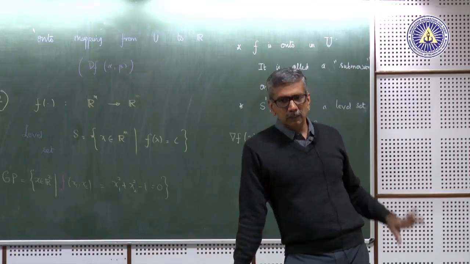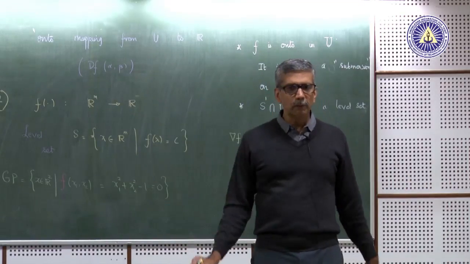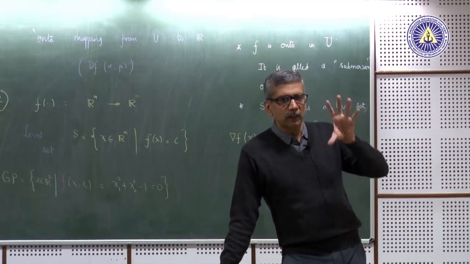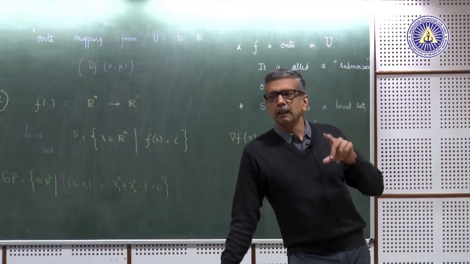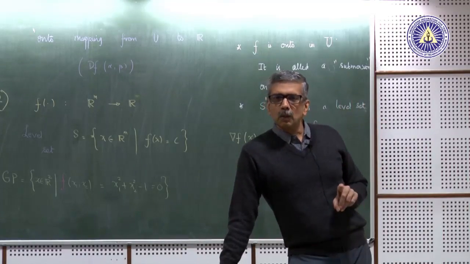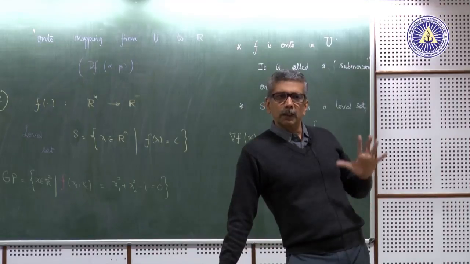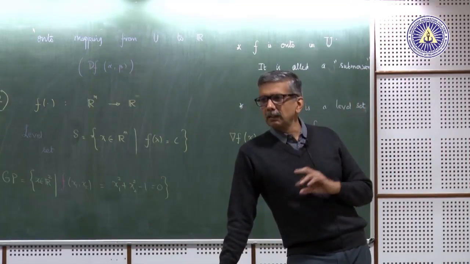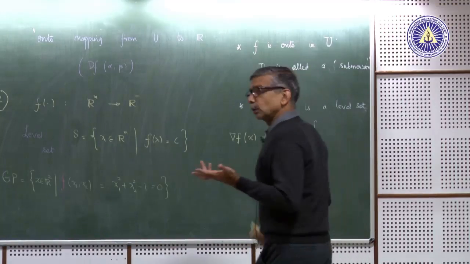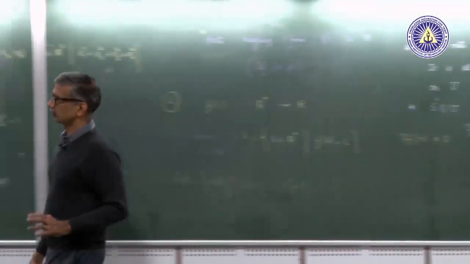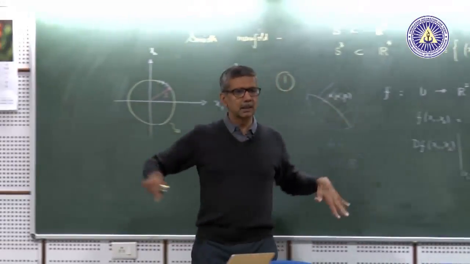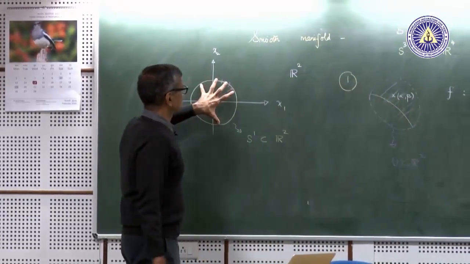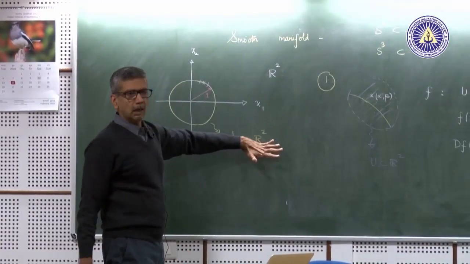If these are satisfied for every point, you can find such an f and such a U, then that object is called a smooth manifold in that outer space. So, in this case I will conclude, or a smooth submanifold, it is like a subspace in a larger vector space. So, this is a smooth manifold in R2.